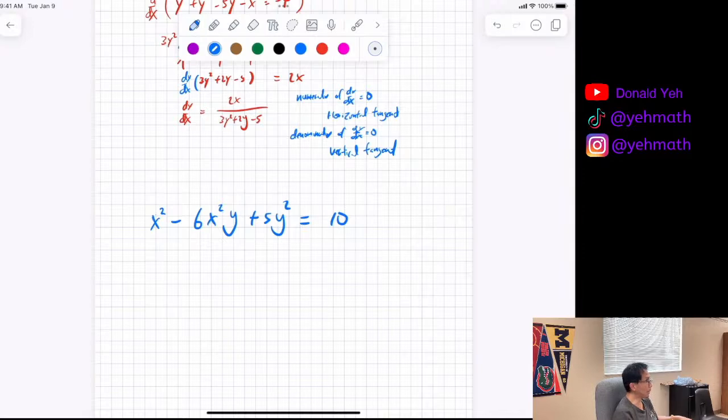I think that's a risky one. I want you to try it first. I want you to see if you can do it right. But I would take out a -6 and put a parenthesis to take a derivative of x squared y. That's something I would do, but I don't know. You do whatever. This is one question on the test right here.